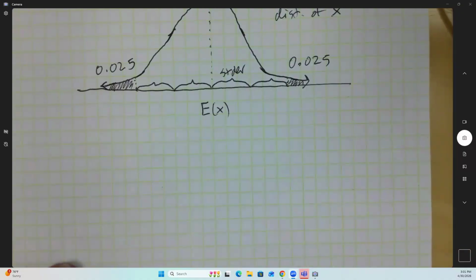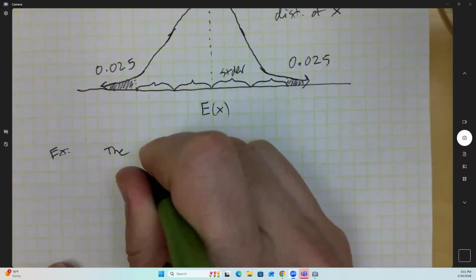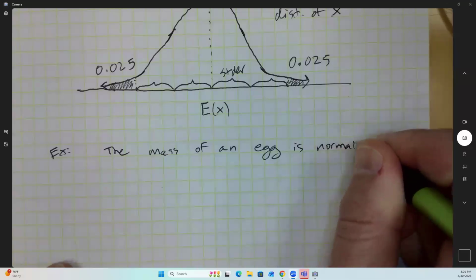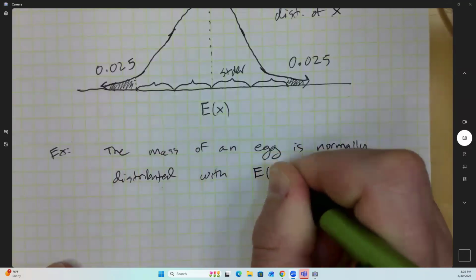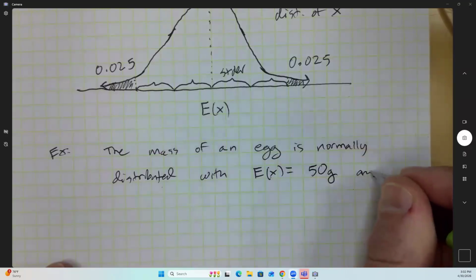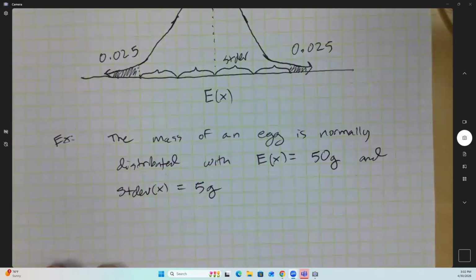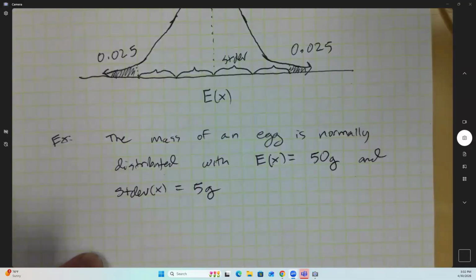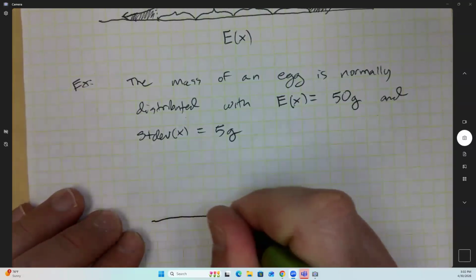So let's do an example. The mass of an egg is approximately normally distributed with a center and expected value at 50 grams and a standard deviation of 5 grams. So we can draw our distribution here.